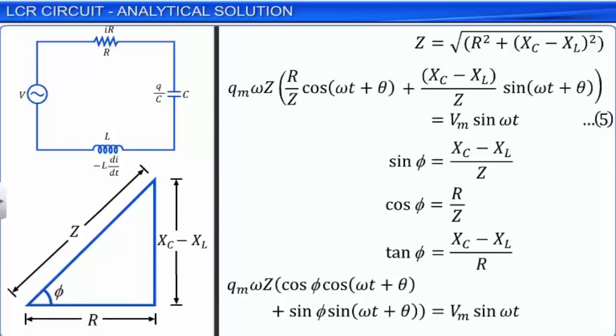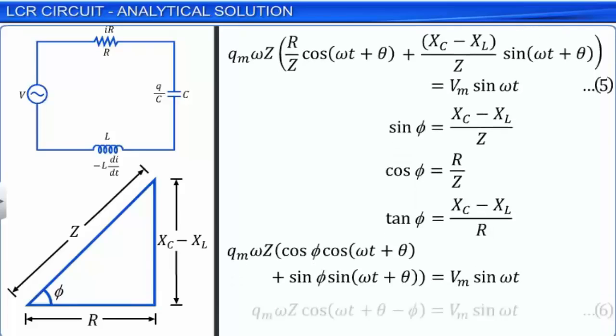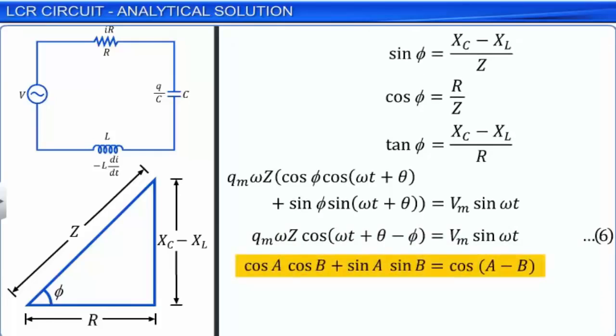Let this be equation 6. Here, we have used the trigonometric identity cos A cos B plus sin A sin B is equal to cos of (A minus B). Comparing the values on both the sides of equation 6, we get Vm equal to Qm ω Z, which is equal to Im Z.